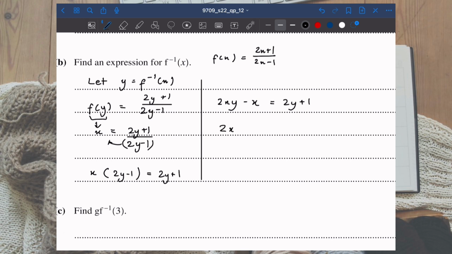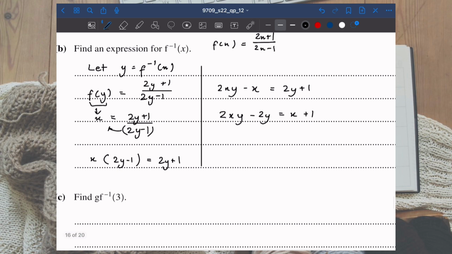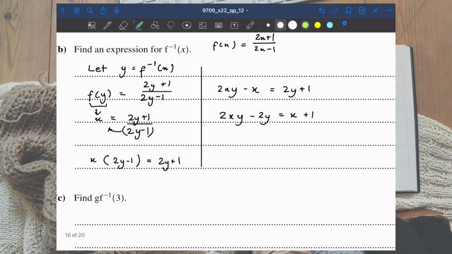So we're going to rearrange this to 2xy minus 2y equals x plus 1. Then factor out y. So it will be y(2x-2) equals x plus 1.